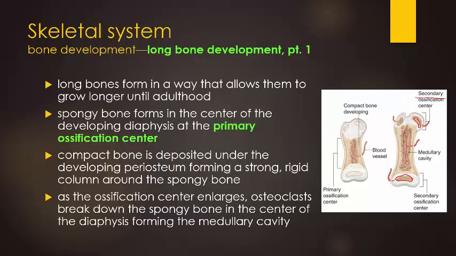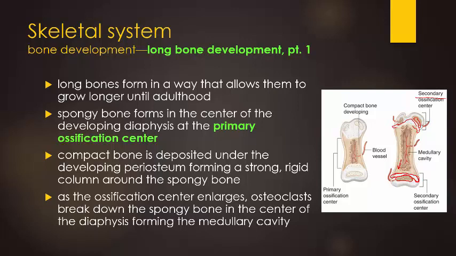And here, back at the primary ossification center, we're seeing more and more compact bone developing, until eventually we get this region here and this region here. This is the only place where new bone can begin to develop, in between the secondary ossification center and the primary ossification center.